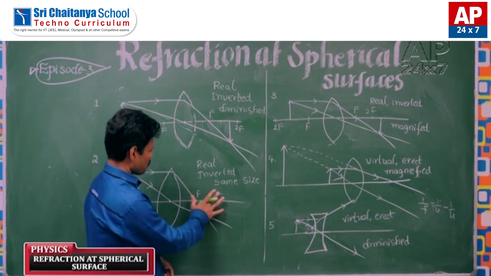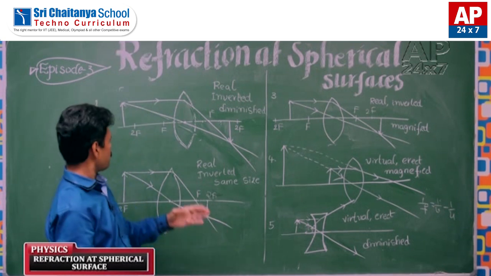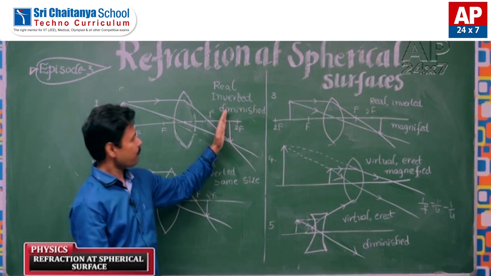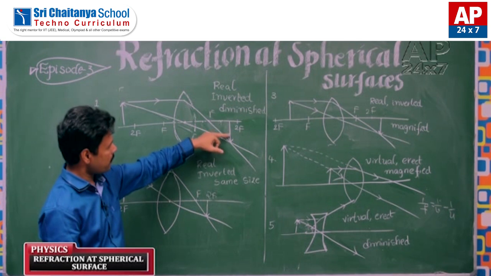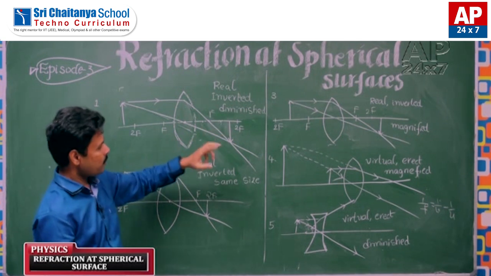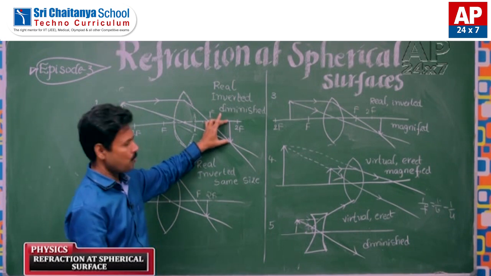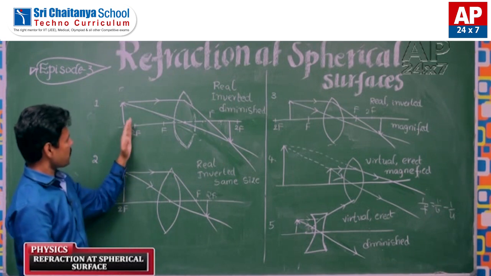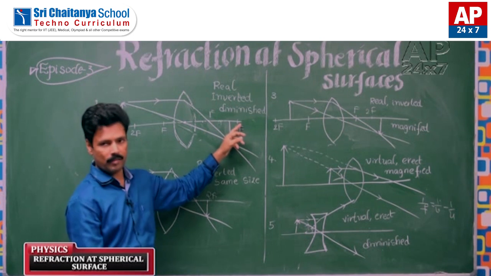So when the u value is more than 2f, v should be less than 2f. So the image is now real. Since the v value is less than u, it is a diminished one. See carefully, the object is beyond 2f, but the image is in between f and 2f.